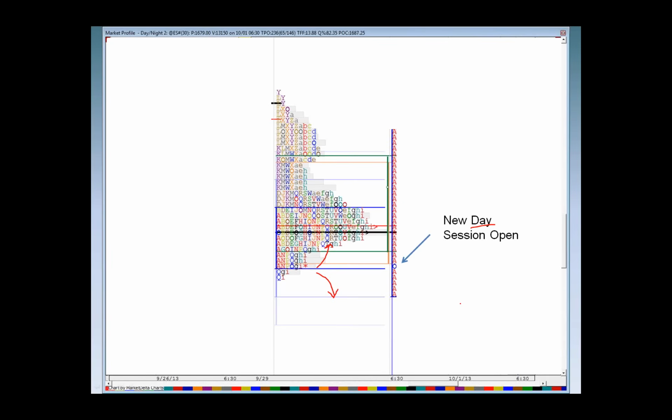So let's take a look now at period A, which is really the very first period. Now, this is a developing profile. And notice, I am analyzing the new day session, or the developing profile, relative to what happened in the previous session, to try to determine where the trading opportunity might be.